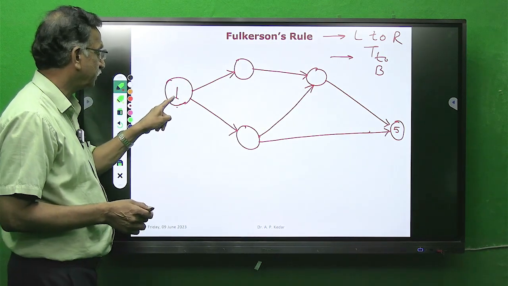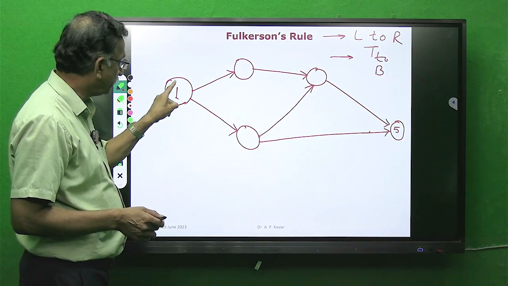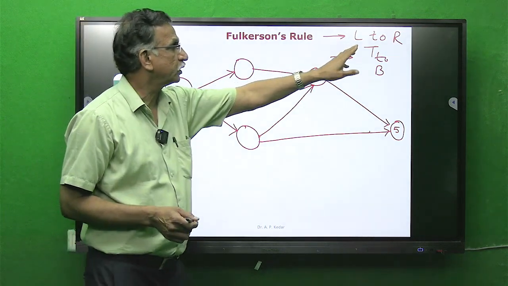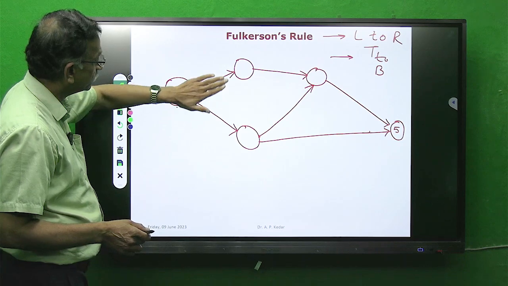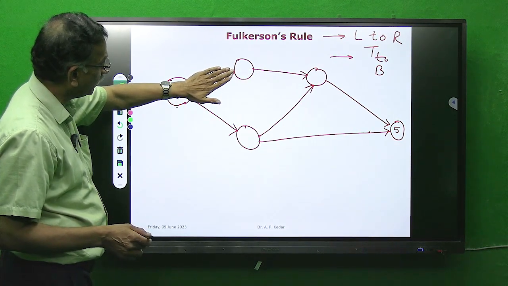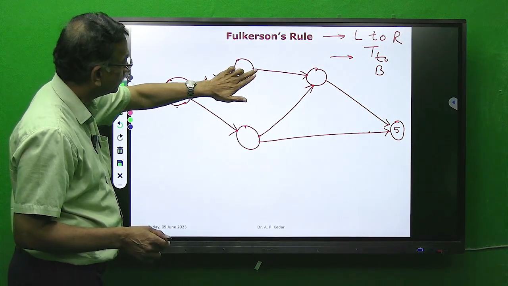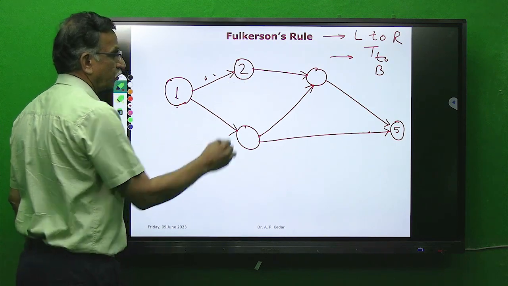I have numbered this as 1. Now this event has these two activities. I have to concentrate from left to right and top to bottom. What will I do? I will assume this is deleted and I want to number this. So see, if I put my palm like this, this indicates that this has only outgoing arrows. So 1, 2.